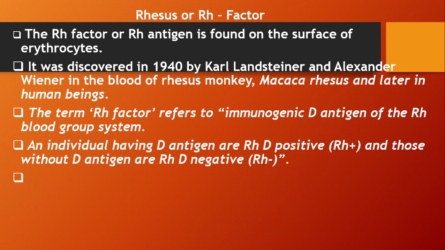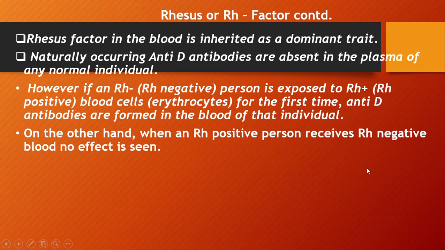It refers to the immunogenic D antigen. The individual having D antigen is said to be RH D positive. If this antigen is absent on the surface of the RBC, then the person is referred to as RH D negative. The rhesus factor in the blood is inherited as a dominant trait.